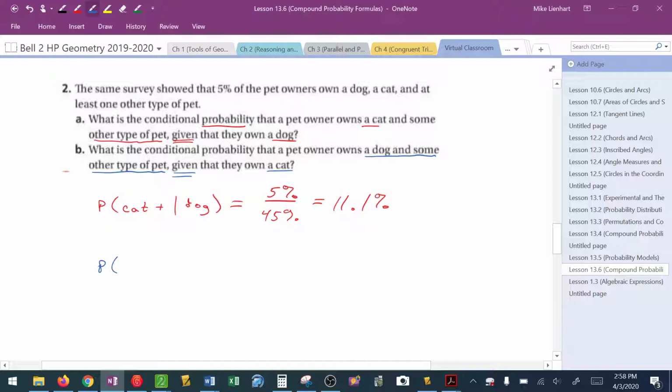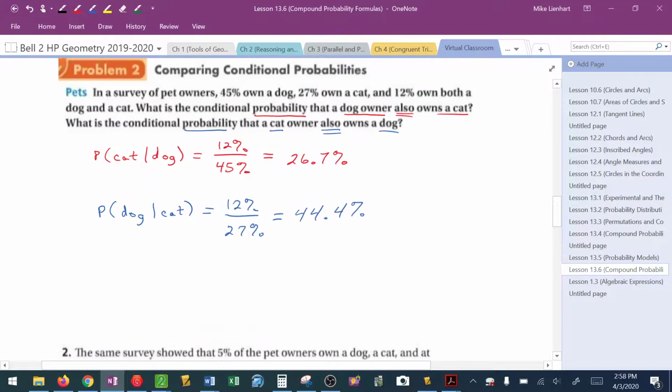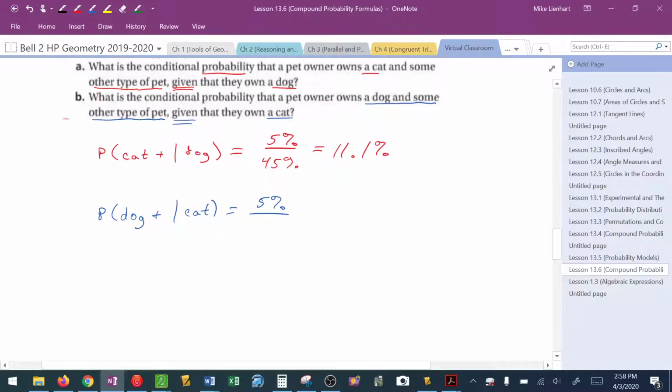So I'm going to say that this is the probability of dog plus given that they own a cat. So the probability of a dog and some other animal and a cat, that would be 5%. And then the probability of a cat, up above we learn, is 27%.